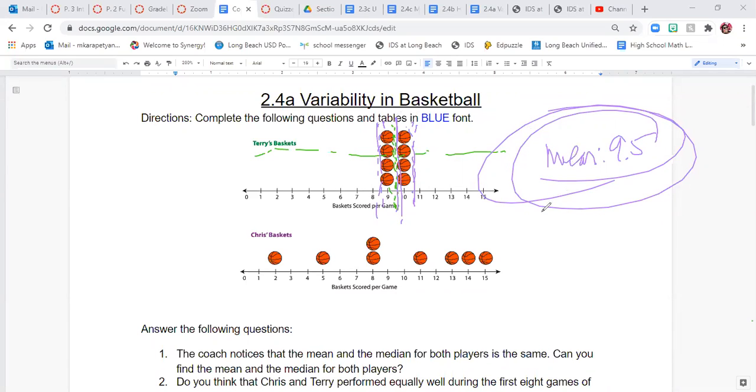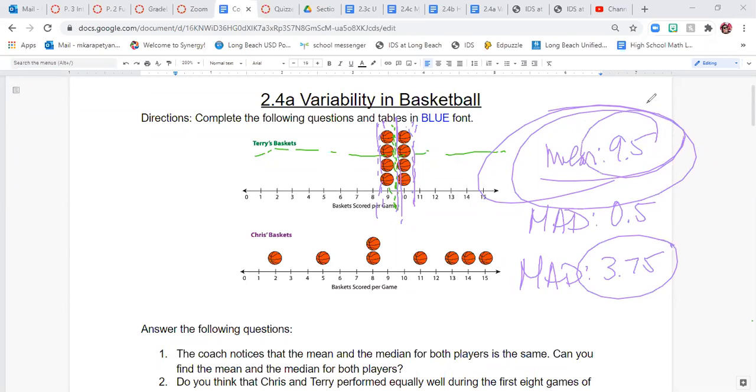No. But if they also told you the MAD is 0.5, then this is telling you we have a mean of 9.5 with not much variability. Versus if they told you the MAD is 3.75, then it would tell you, oh, this is my mean and it has some variability. There's some spread in my data. Over here, not so much spread. Over here, more spread.